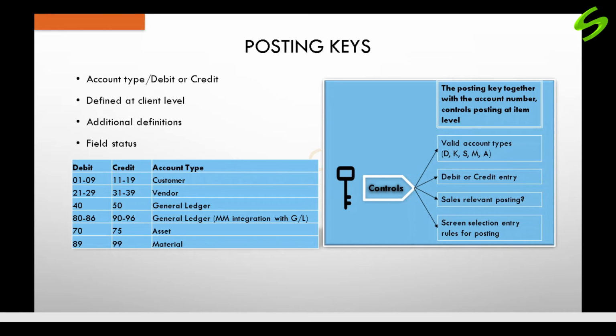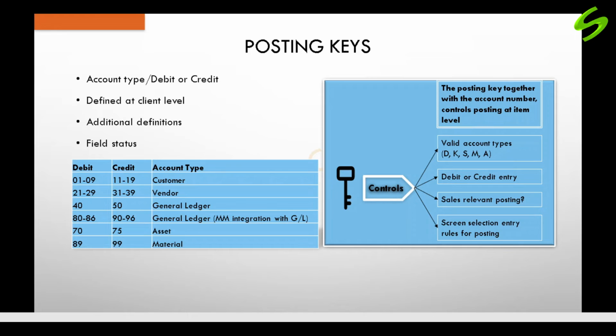For each posting key, we can also define the field status. But the field status is normally controlled by the GL account field status groups. As mentioned earlier, if there is a conflicting field status for a field, the system follows the priority: first suppressed, then required entry, and finally optional entry.